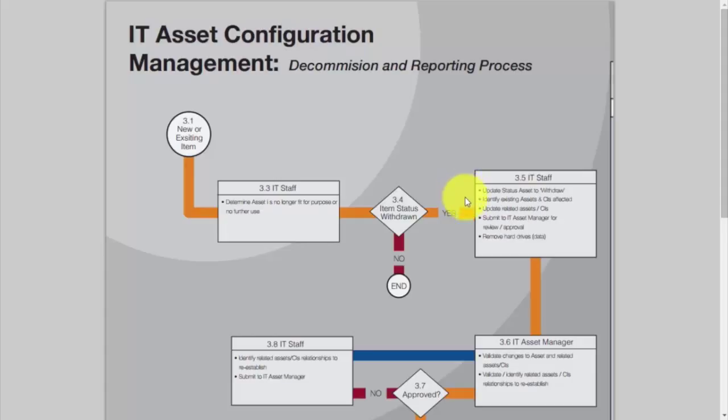We would also identify any existing assets and configuration items that would be affected, update those related assets and items, and then submit to the asset manager for review and approval. There is a possibility, depending on the asset, that we would need to remove hard disks, okay, and or any data that is associated with that asset or configuration item.